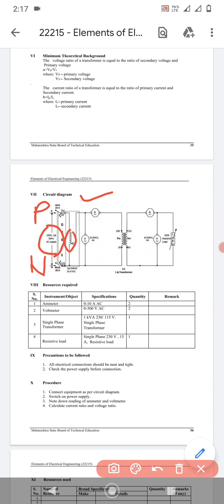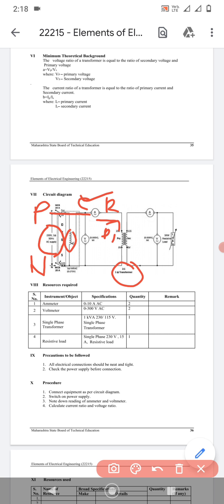Okay, so the phase terminal of this auto transformer is connected to the common terminal of an ammeter, and the range terminal of this ammeter is connected to the first terminal of the primary winding of the single phase transformer. Okay, that is the P1 terminal.